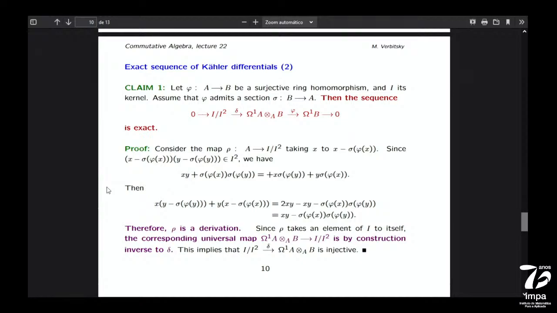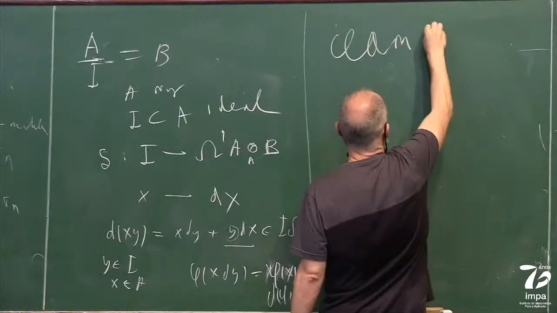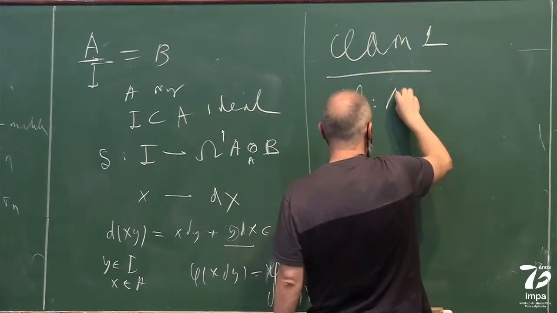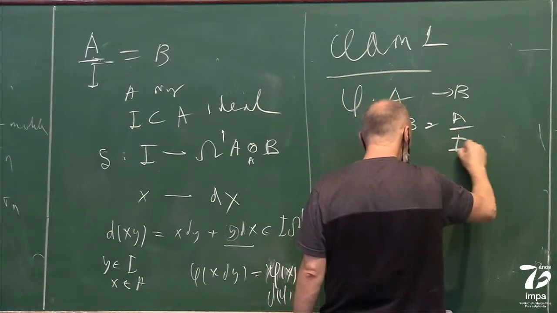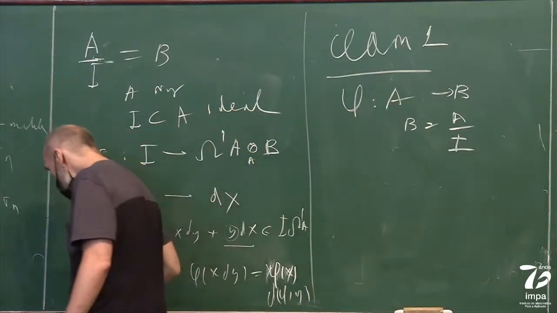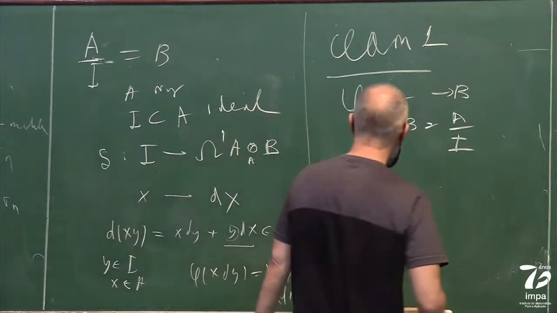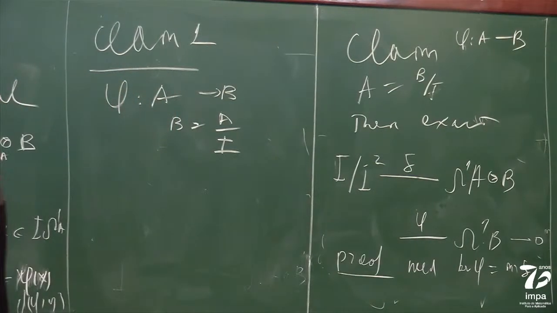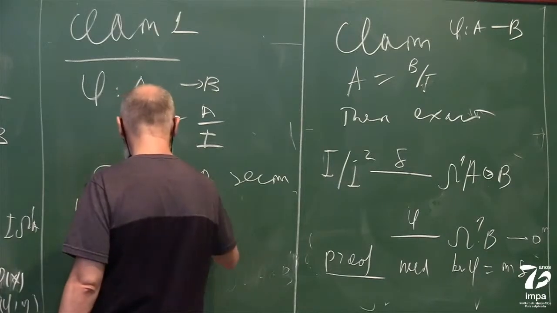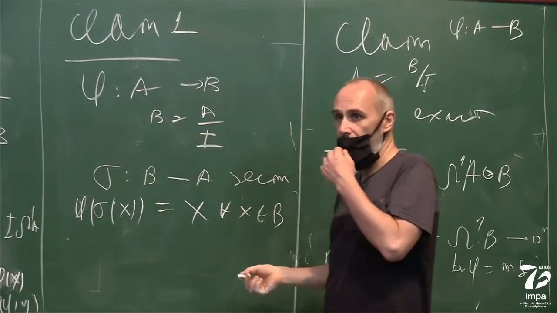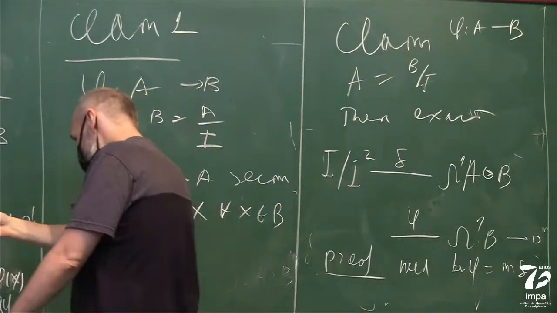Suppose that you have the map φ from A to B, surjective again, B equal to A quotient by I. And then we'll also have a section, denoted here by σ. σ from B to A is a section, in the sense that φ of σ of x is equal to x for each x in B. It's the usual notion of a section: you just have a map which inverts your surjective map.